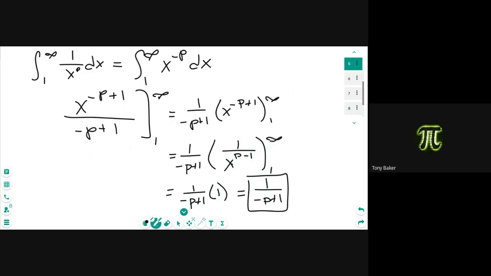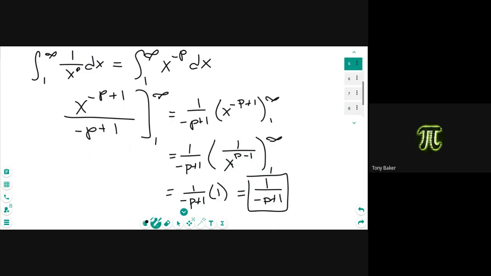So the question is, when does it converge and when does it diverge? So I have -p plus 1 on the bottom of a fraction.